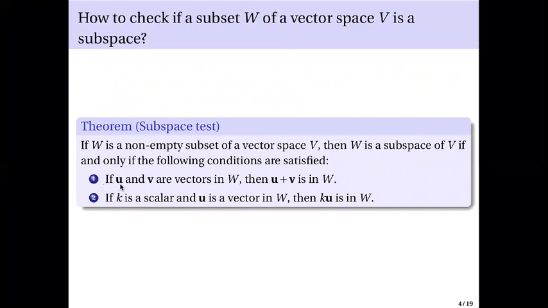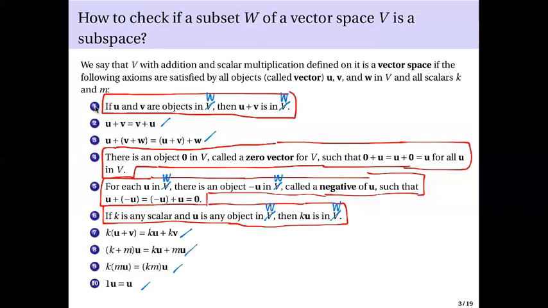Here, 1 will answer axiom 1. 2 will answer axiom 6. So we're checked with 1, we're checked with 6. The question is, how about axioms 4 and 5?